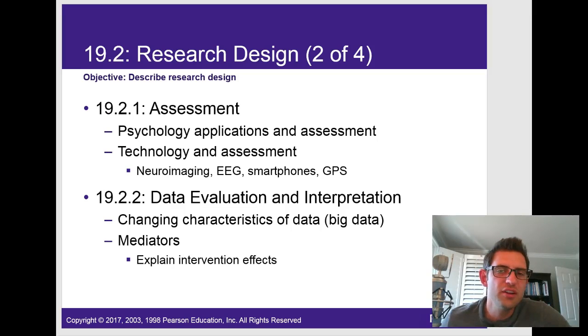Okay, so we were talking a little bit about assessment tools here, and so not only are we getting better tools online because we're using digital tools, but also technology has given us better tools to understand the body. So neuroimaging, we've talked a little bit about, that's always improving. The specificity of neuroimaging is always improving.